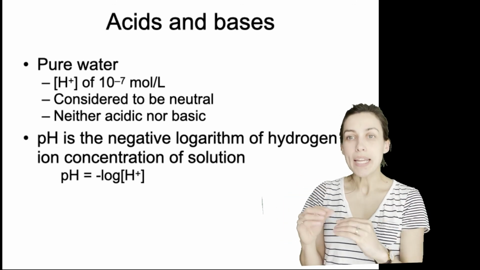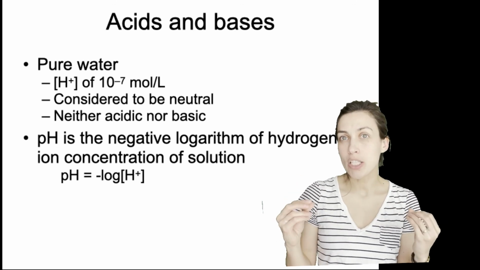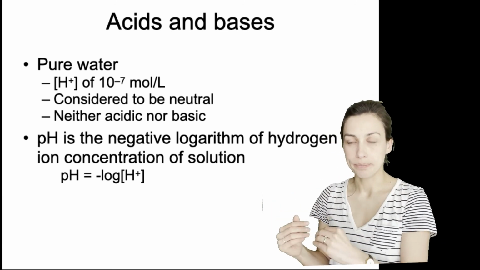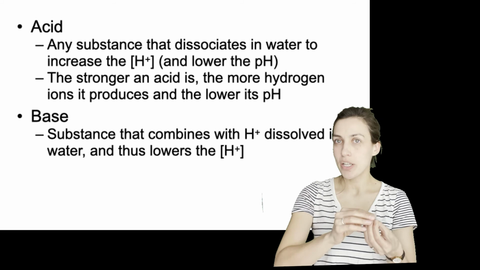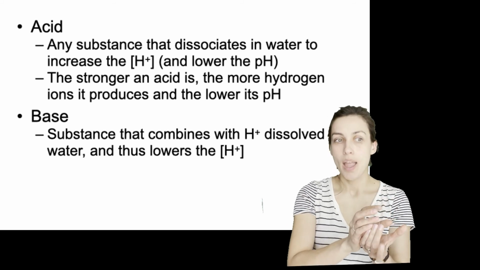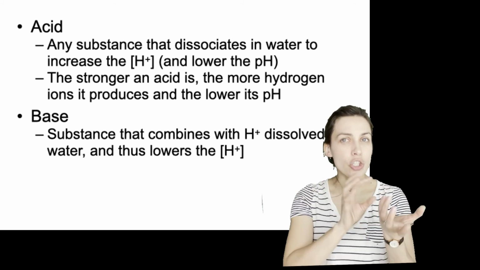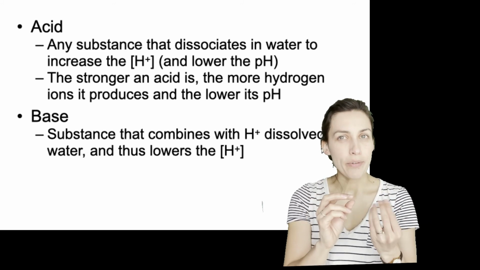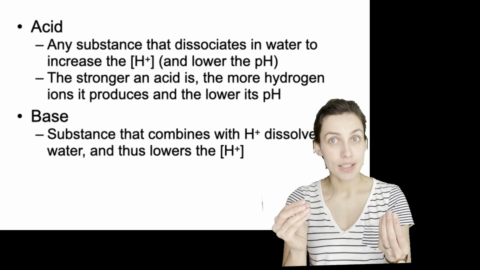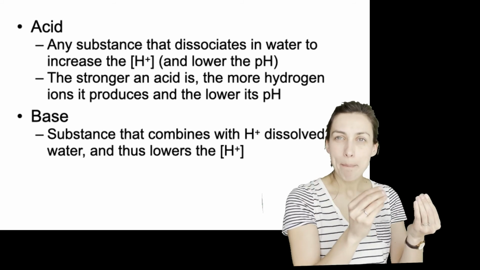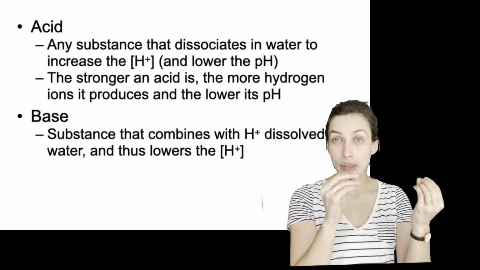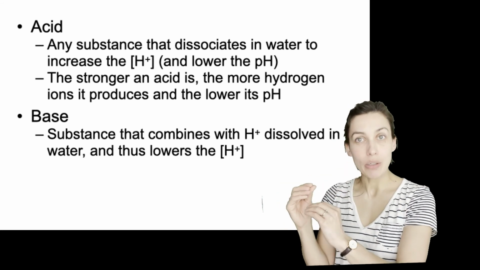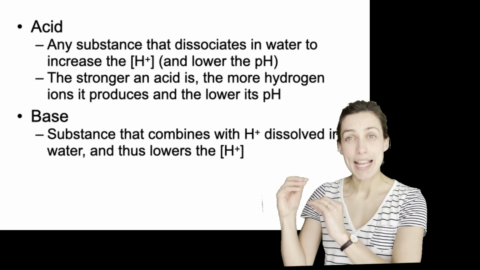So pH is determined on a scale from 0 to 14. If you add something to a liquid, and because of the structure of that thing you're adding, you, for whatever reason, increase the amount of free-floating H pluses in that liquid, then that substance you added is considered to be an acid.